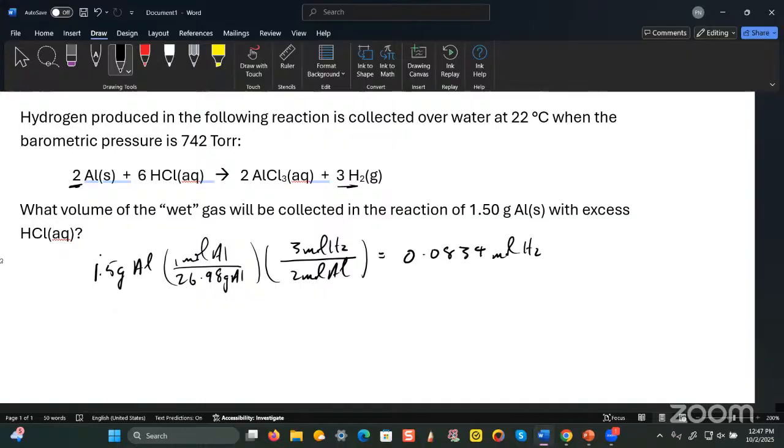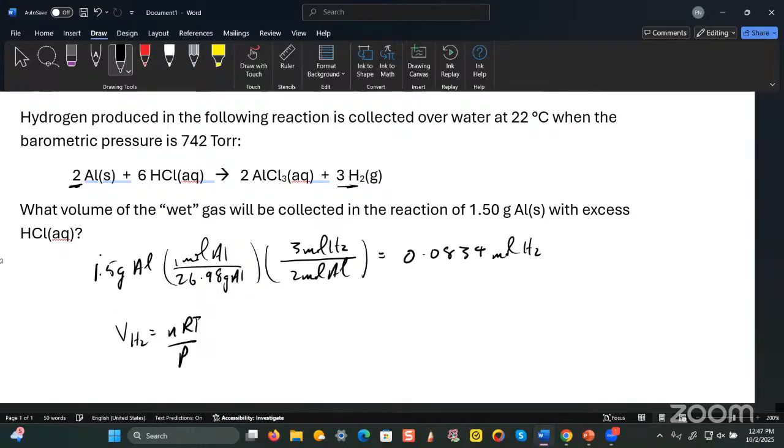Now, what the question is asking for is the volume of hydrogen, right? Based on the ideal gas equation, this is how you calculate the volume of any gas, including hydrogen.